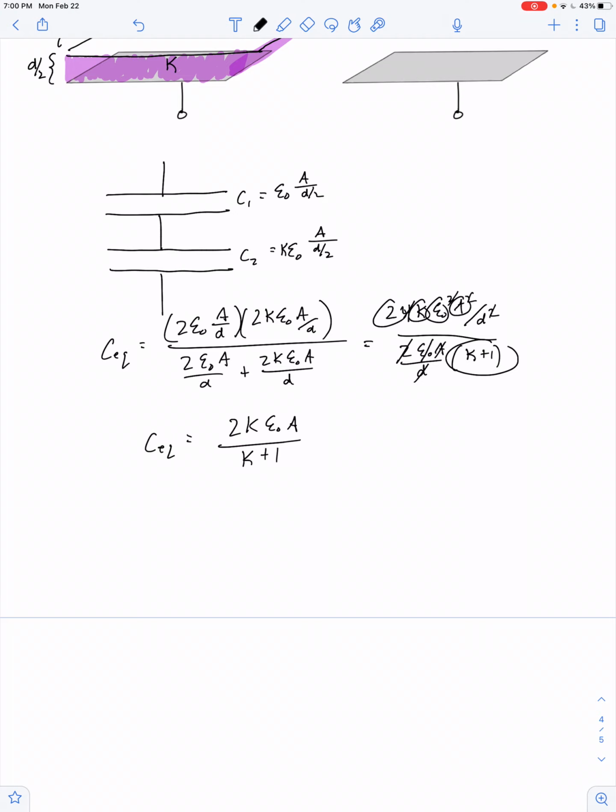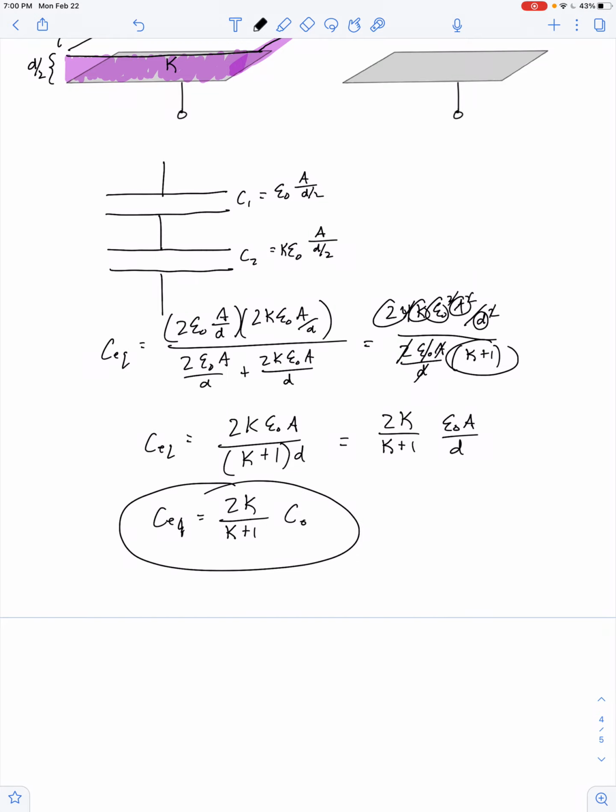Oh, and I'm sorry, don't forget this d. Or in other words, it's 2 kappa over kappa plus 1, all multiplied by epsilon A over d. So the equivalent capacitance is equal to 2 kappa over kappa plus 1 times the original capacitance.